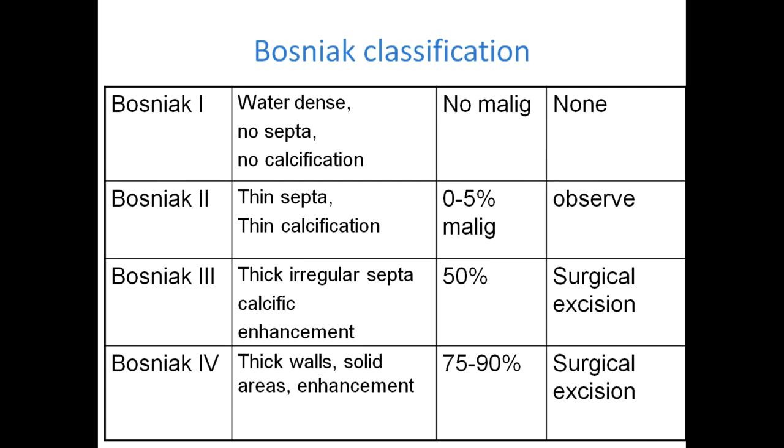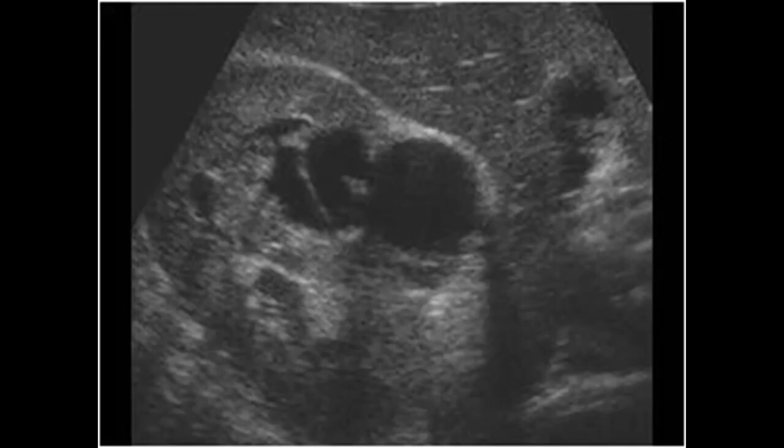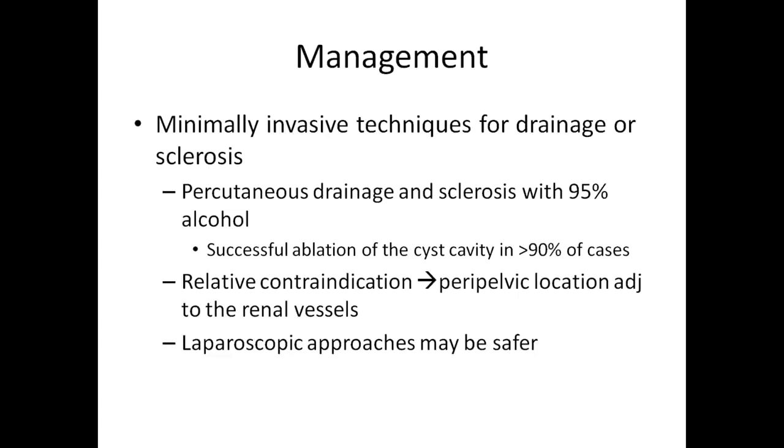Here you can see a cyst with a very smooth bordered thin wall, with no echogenicity within the fluid, and maybe a very thin septa might be seen, so we can call it a type 2 cyst rather than a type 1 cyst here.